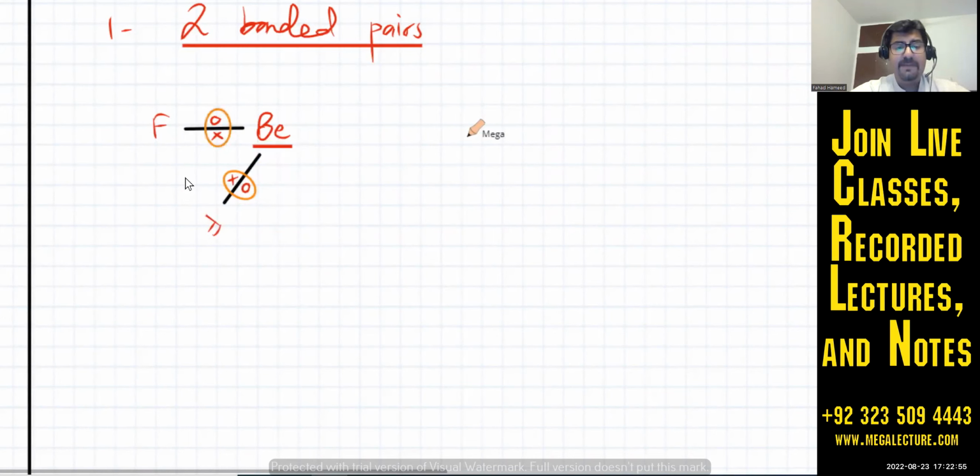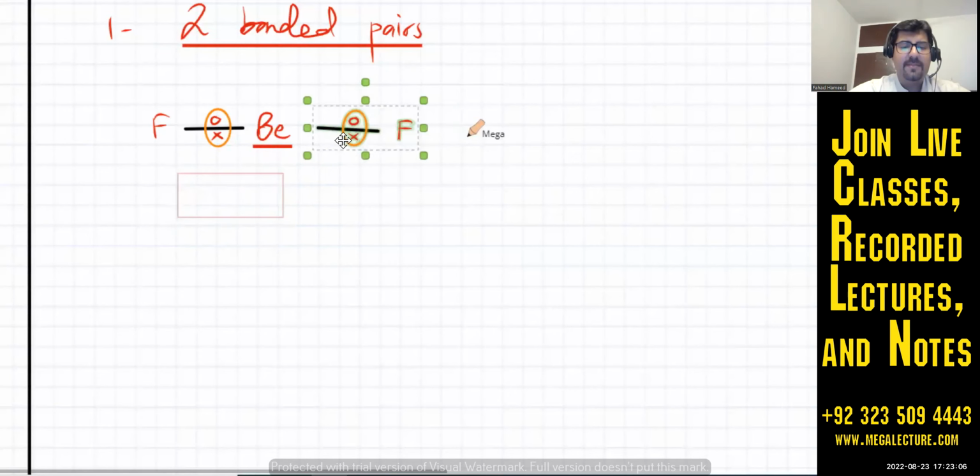So the shape of the molecule is going to be such that if one bonded pair is on one side, the other one is going to be on the complete 180-degree opposite side. It's going to be on the complete opposite end. Is that clear? The idea clear?